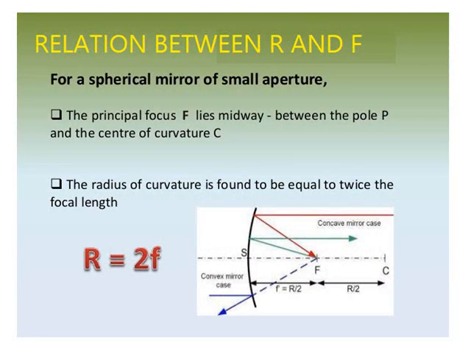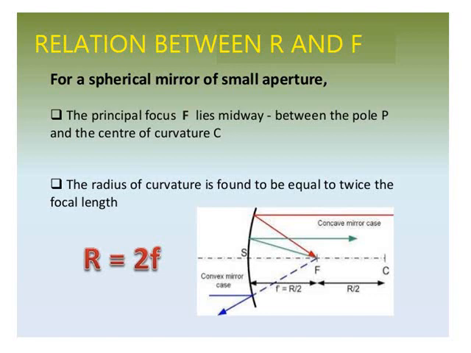This slide gives you the relation between R and F, where R is the radius of curvature. When you take capital F, it is the principal focus, and when you take small f, it is the focal length.